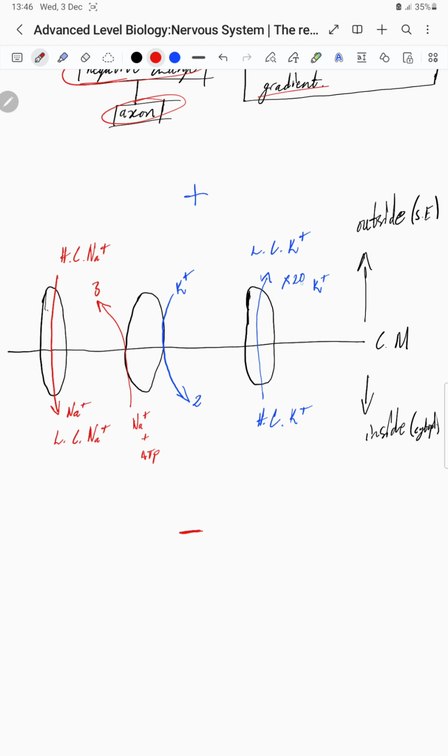For every 20 potassium ions which go out of the cell, there's only one sodium ion which goes inside the cell.